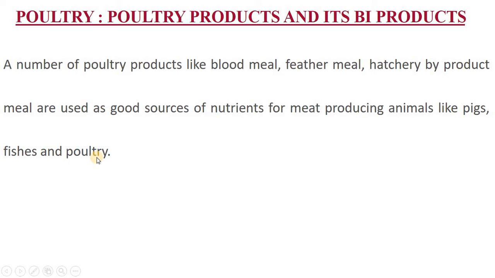So it forms the poultry meal. The poultry byproducts form the poultry meal, and this poultry meal is again a rich source of proteins, vitamins and minerals, given to the animals, and they receive a good quantity of proteins.